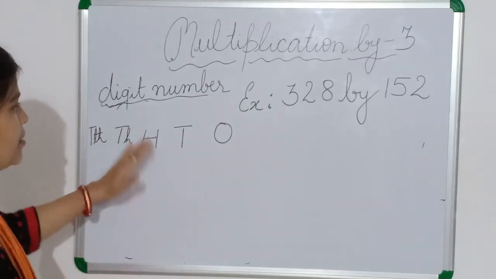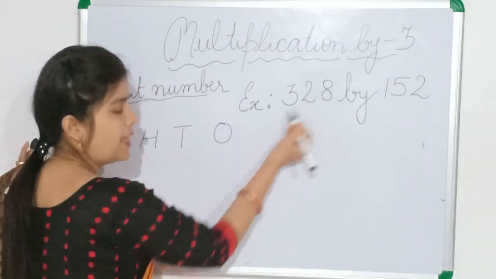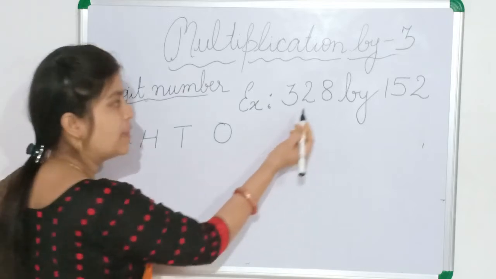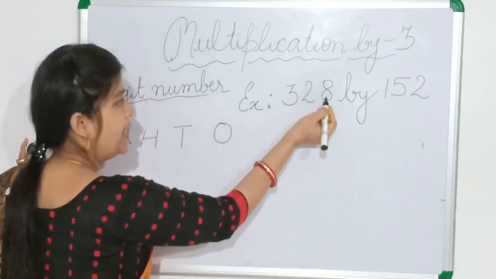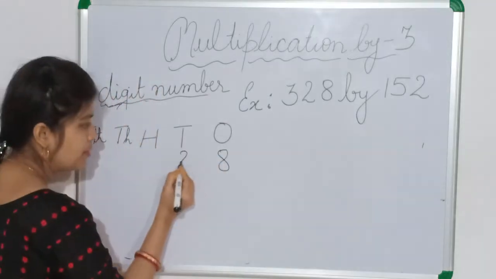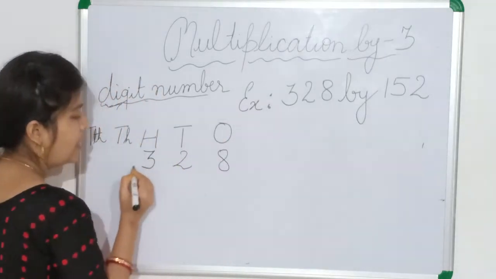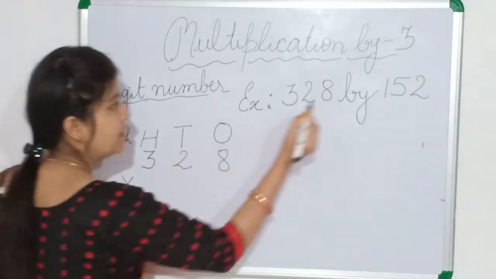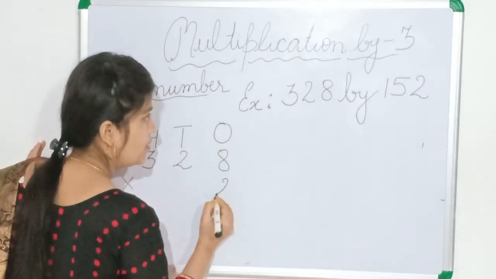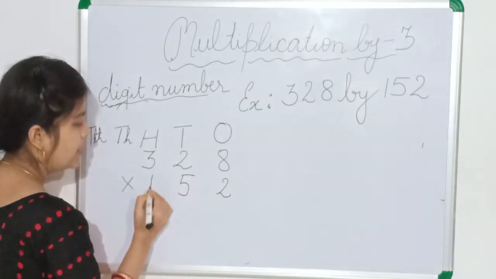First I will arrange the number here. I will start writing from this hand side only. Okay, I will start from the ones place. So 8 ones, 2 tens, and 300. I have to multiply this number with 152. 2 ones, 5 tens, and 100.